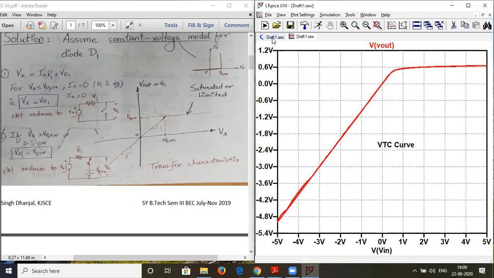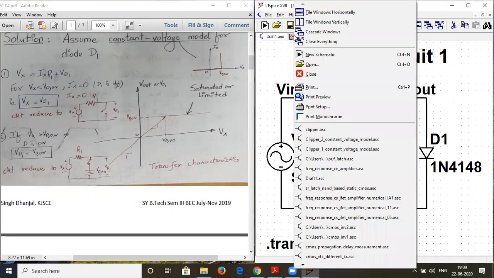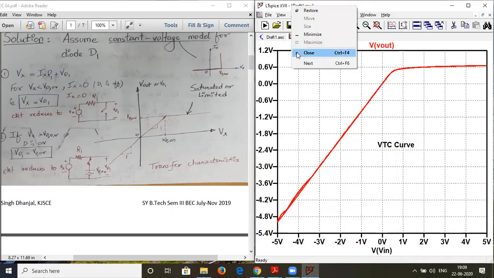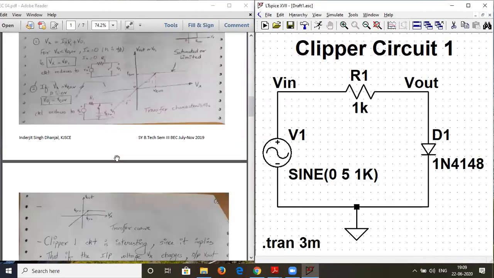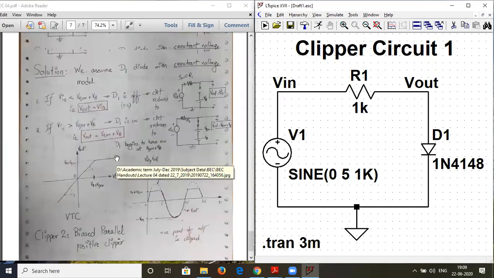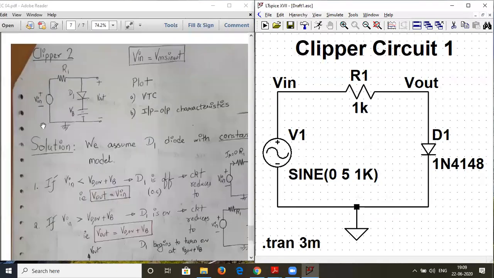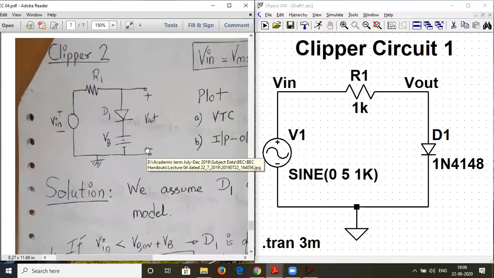Okay. Now let us go back to the circuit and let us do small changes and see how we can vary this. What is the beauty of LTspice? Now we will do a slight variation. Now we'll add an external DC voltage over here of VB value. Now let us do that change over here.